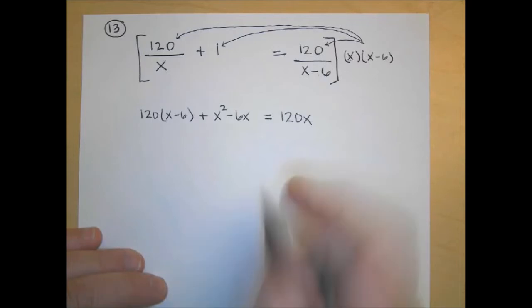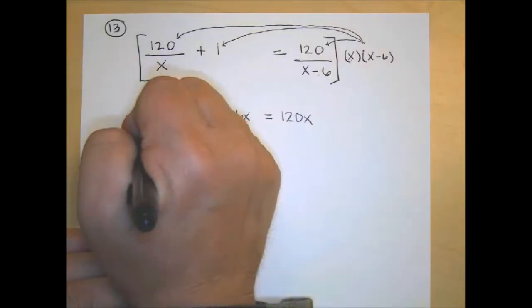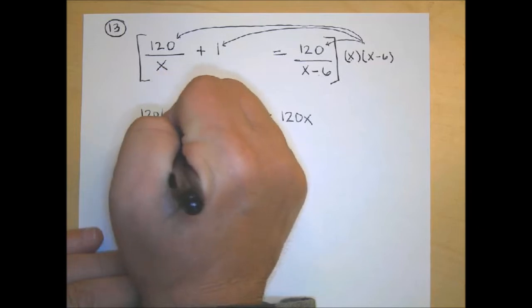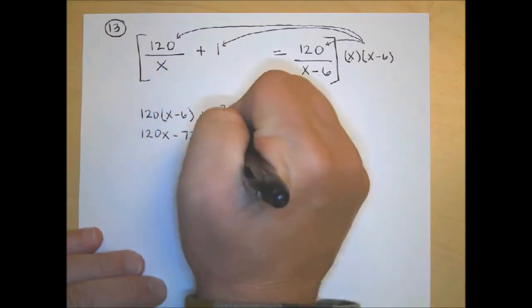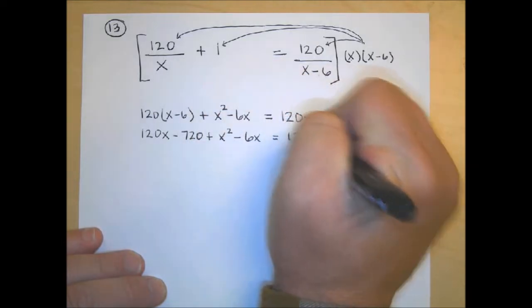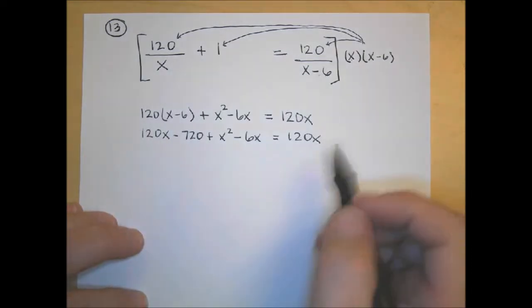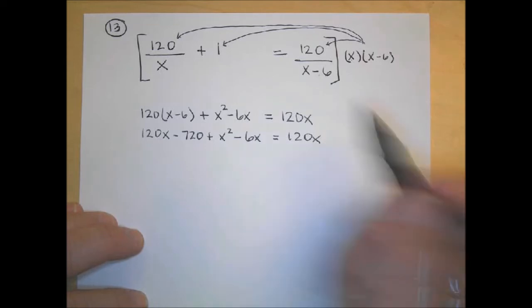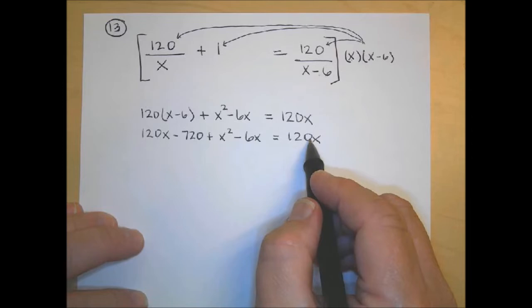So now I've cleaned up the problem a lot by clearing out the denominators. I'm going to distribute this: 120X minus 720 plus X squared minus 6X equals 120X. Now, I can do quite a few things at this point, but I'm going to cancel this 120X with that 120X.